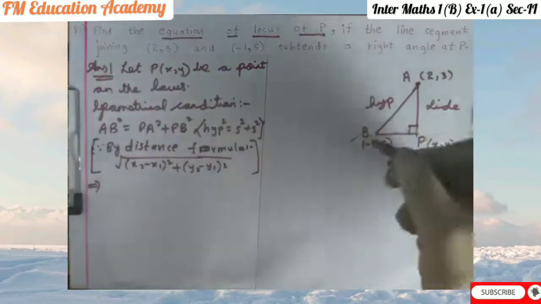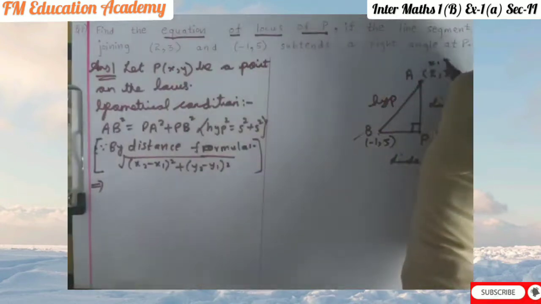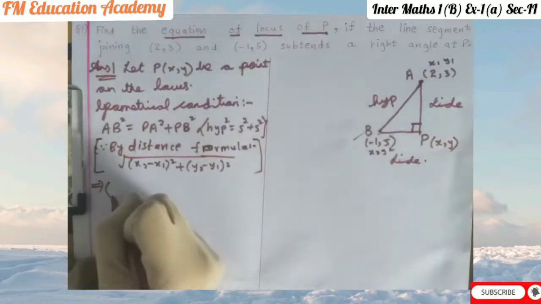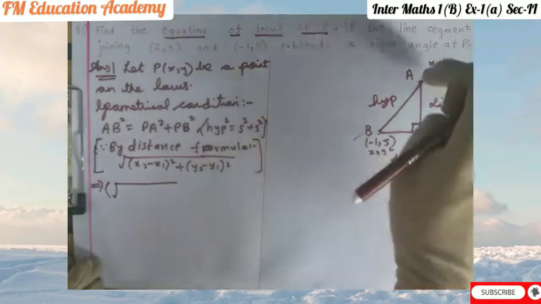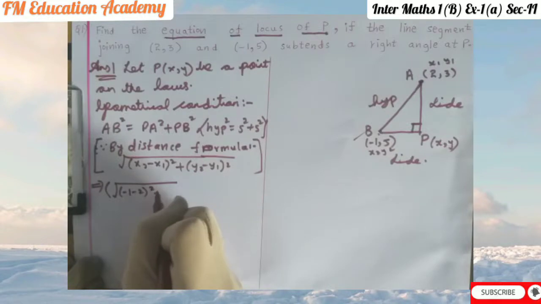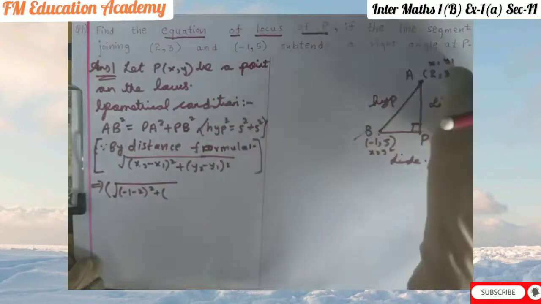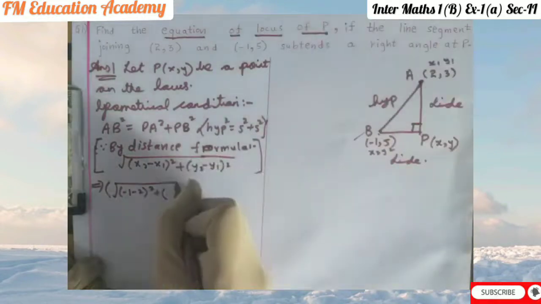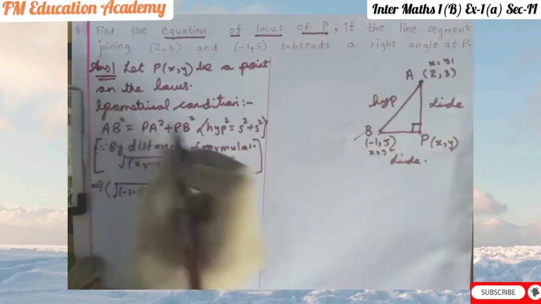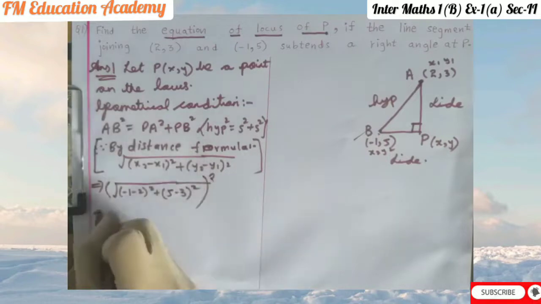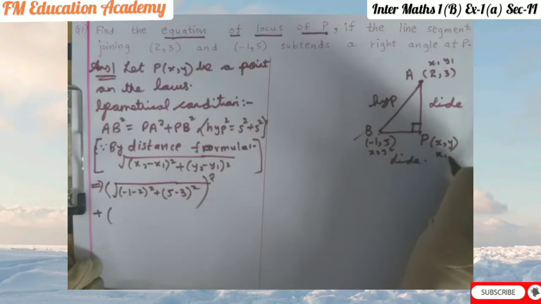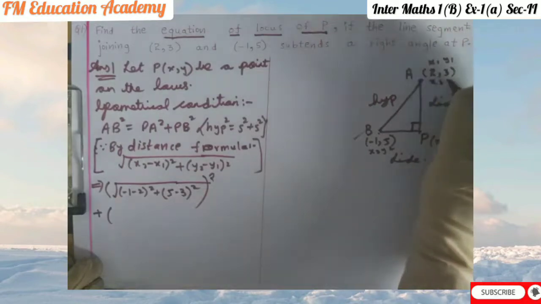What is AB here? A if we consider (x1, y1) and B if we consider (x2, y2), AB will be root of (x2 minus x1), that is (-1 minus 2) whole square plus (y2 minus y1), y2 here is 5, y1 is 3, so (5 minus 3) whole square, and also we have AB square, so whole square will come, plus PA square. PA square means P if you consider (x1, y1), A will be our (x2, y2).